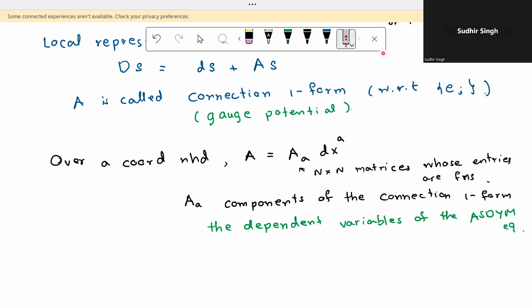So the anti-self-dual Yang-Mills equations put what condition on these components of the connection one form? Right? But before we look at that, there are a few things I'd like to say about this connection one form.